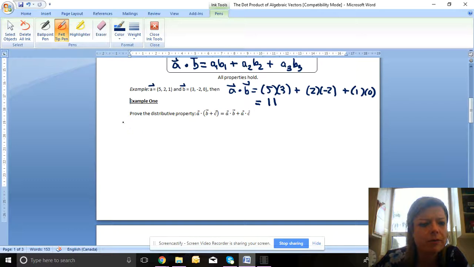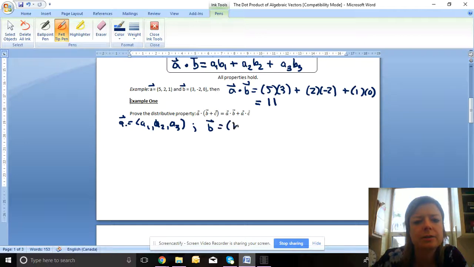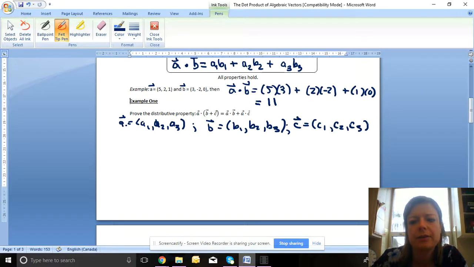Okay, so let's just make that A is equal to A1, A2, A3. And let's make it that vector B is equal to B1, B2, B3. And that vector C is equal to C1, C2, C3.